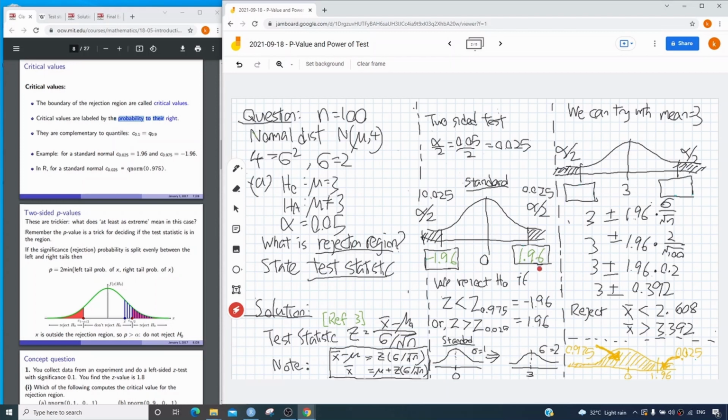Since we already have the values, we're just going to apply this formula to get the value on the left side and the right side.